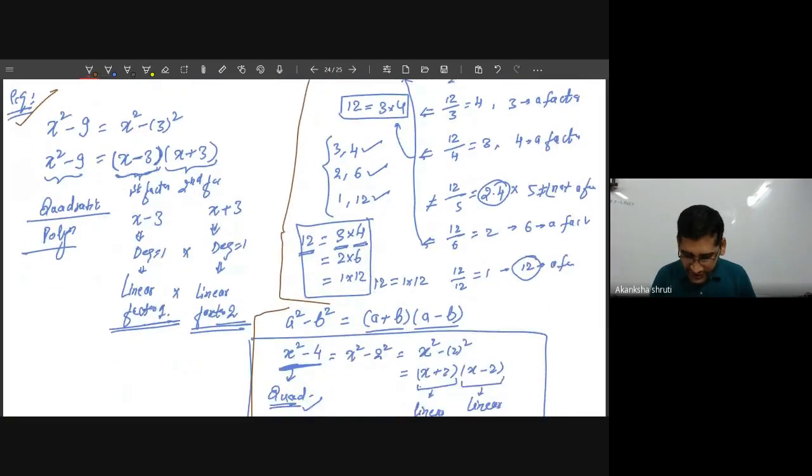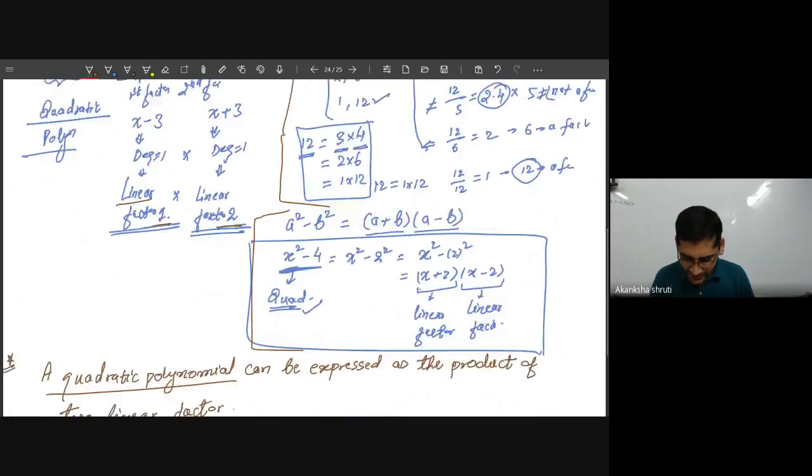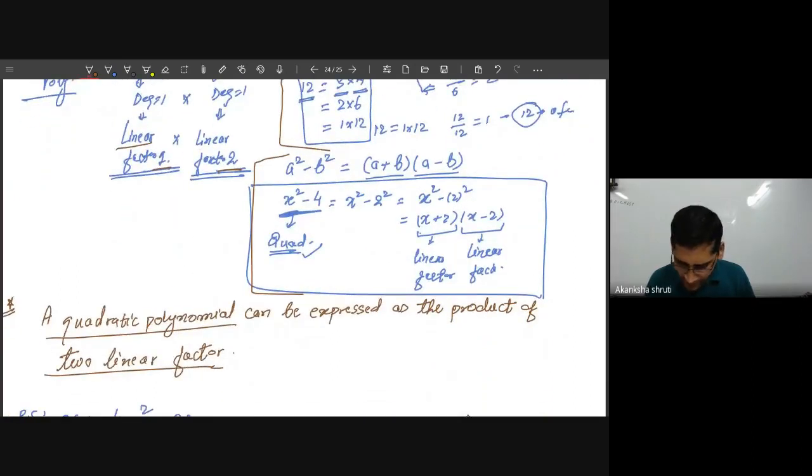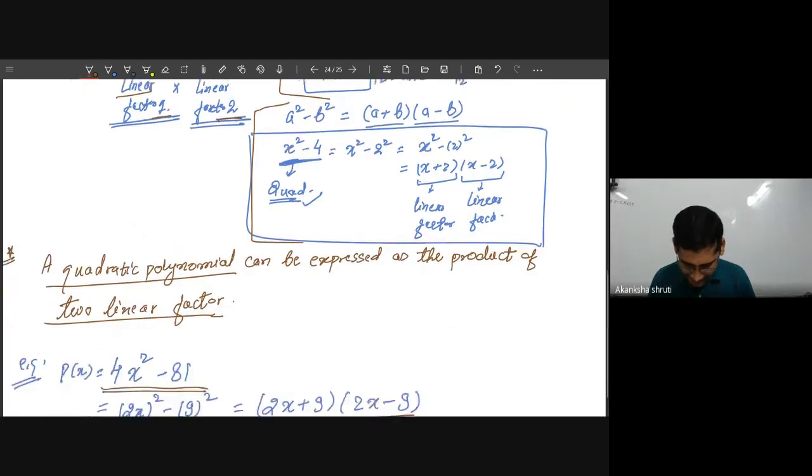Why is it called linear? Because each factor has degree 1. Here the power of x is 1, and here also the power of x is 1. Therefore it is called linear. But the product of these two is going to give this quadratic. So the first bracket and second bracket are the factors. That's why we have concluded that a quadratic polynomial can be expressed as the product of two linear factors.